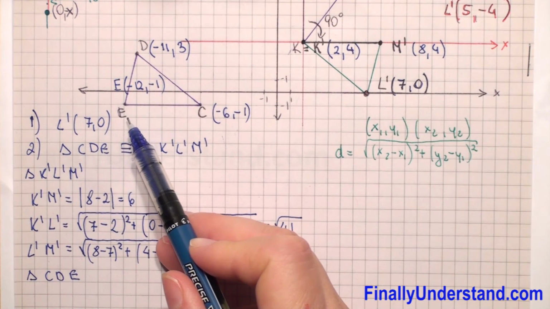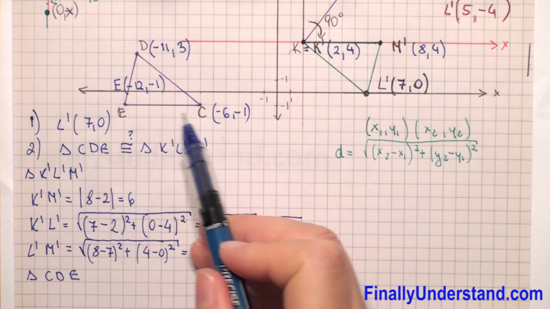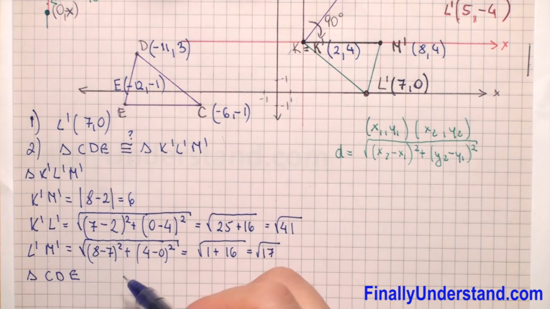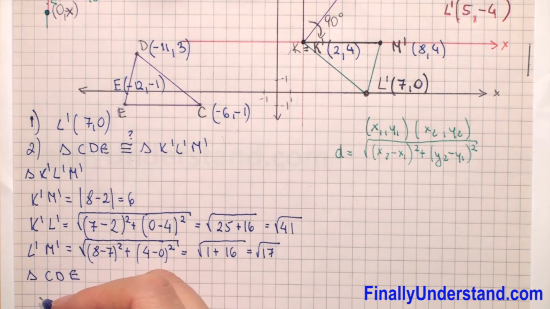Because the second coordinates of points E and C are the same, again we will find the distance between C and E first.